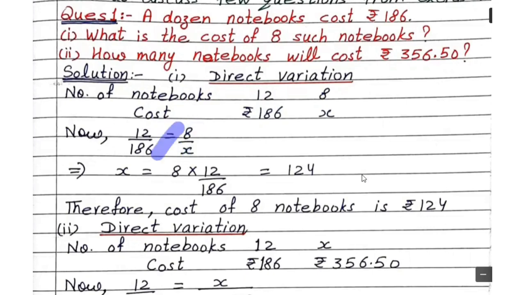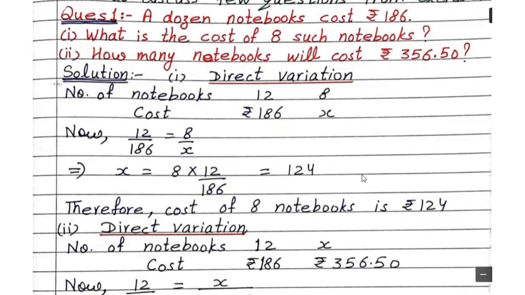Now let's cross multiply and find the value of X. Here also the terms will get cancelled and the answer is 124. So therefore, the cost of 8 notebooks is rupees 124. I hope you have understood this now.